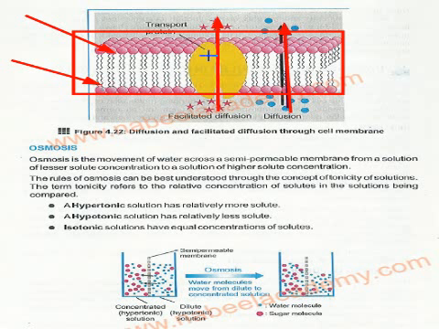This is a transport protein, and the diffusion taking place here is without the help of a transport protein. Here, the diffusion is known as facilitated diffusion, because it needs transport proteins for the molecules to pass. Now see, osmosis. Osmosis is again something very interesting.